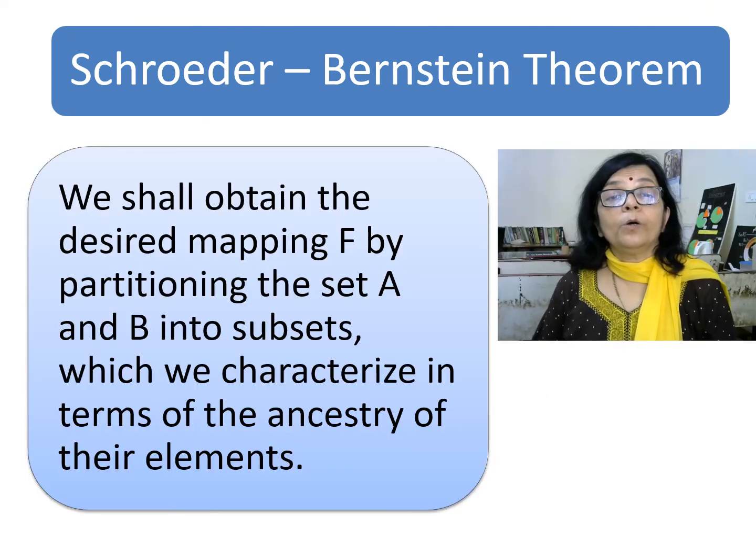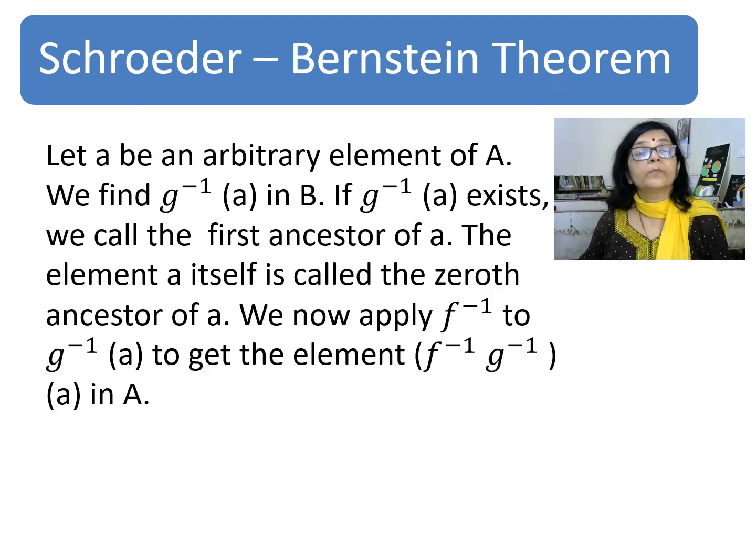We shall obtain the desired mapping capital F by partitioning the set A and set B into subsets which we characterize in terms of the ancestry of their elements. Let a be an arbitrary element of set A. We find g inverse of a in set B. If g inverse of a exists, we call it the first ancestor of a.